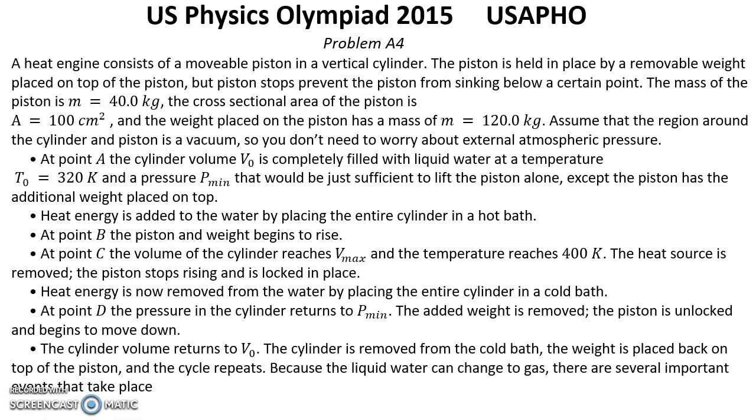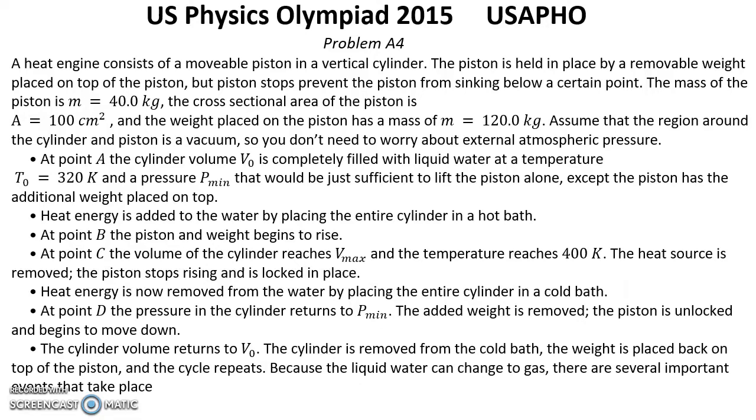The added weight is removed. The piston is unlocked and begins to move down. The cylinder volume returns to V0. The cylinder is removed from the cold bath. The weight is placed back on top of the piston and the cycle repeats.